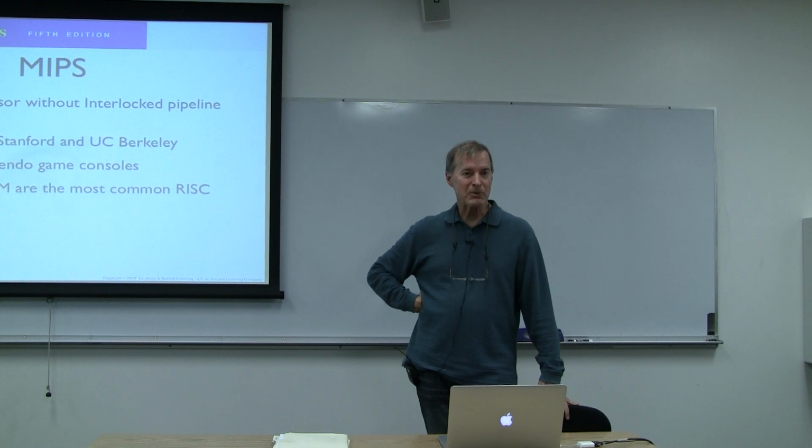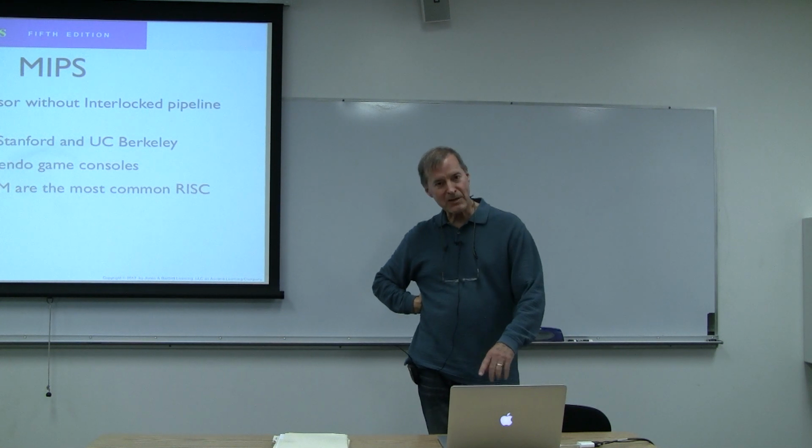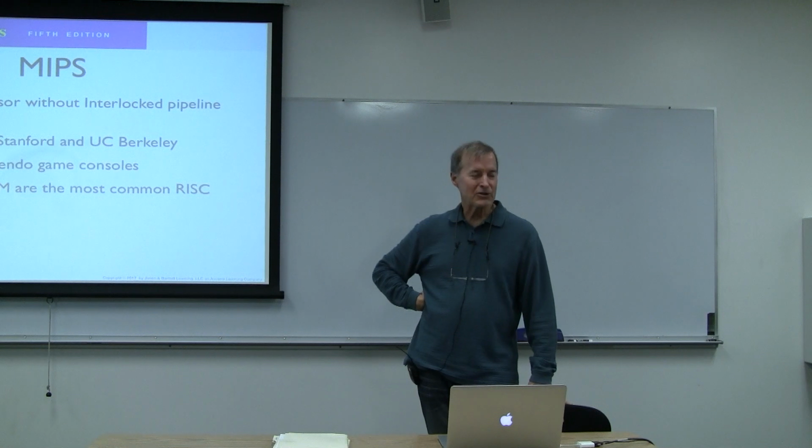The people at Stanford and Berkeley have actually set up a consortium. So even though there's a commercial version of MIPS, you can Google this, there's a new effort to make this architecture an open source chip, so you don't have to pay anybody to fabricate it and use it.